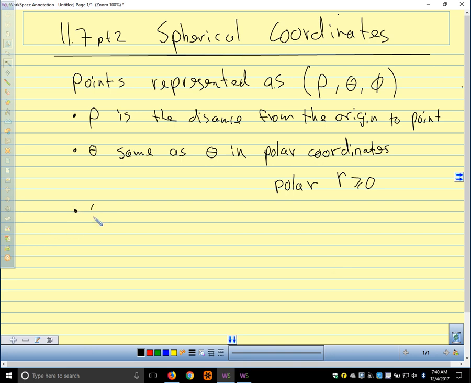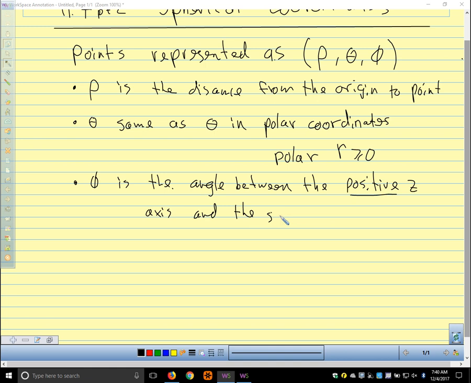And phi is the angle between the positive z-axis and the segment between the origin and the point.